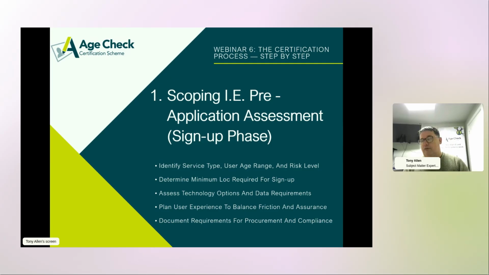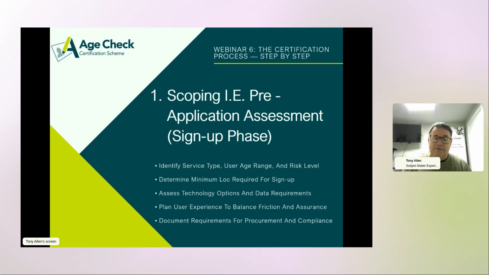Are you doing it for retail, for hospitality, for gambling, for adult entertainment, for social media, for tattooing? There is a whole host of reasons why you might be doing age assurance. You don't have to do them all. You can focus in on the markets that you are active in. We need to understand the level of confidence that's required.